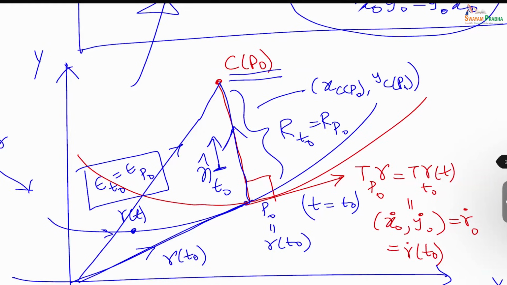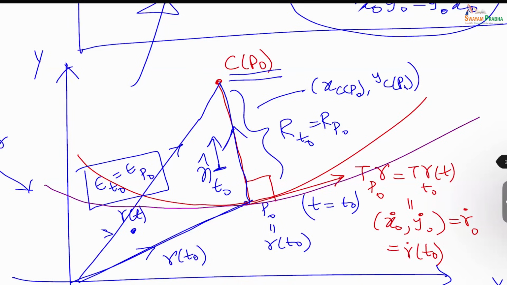So you see, the curve should rather be something like this. This must be my gamma t, right?